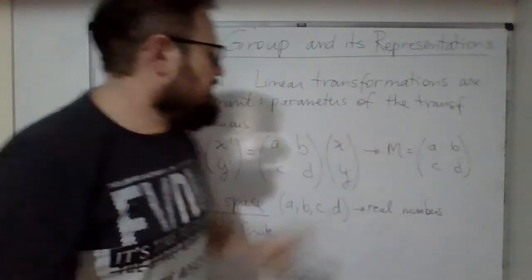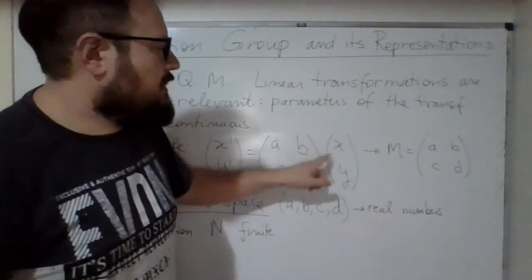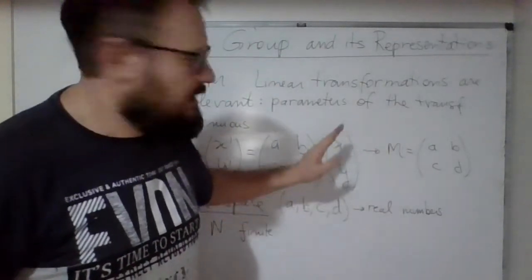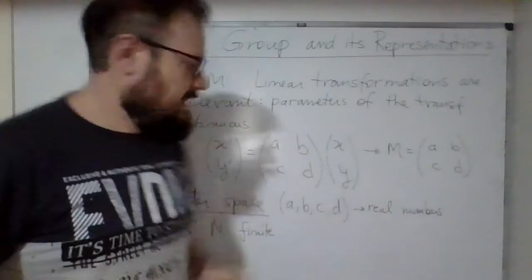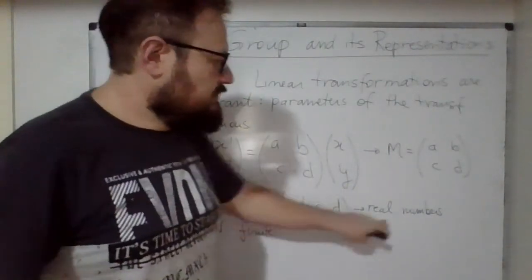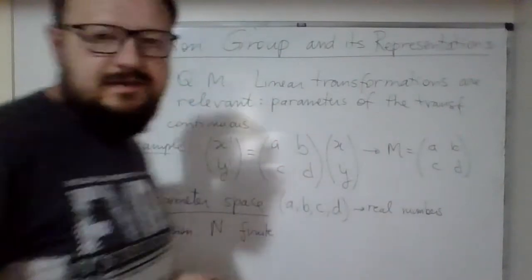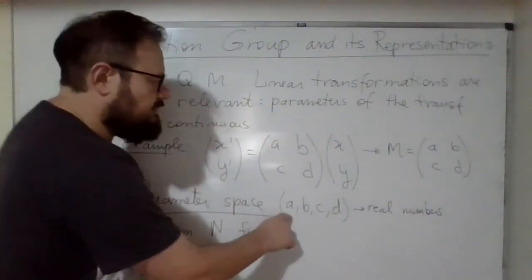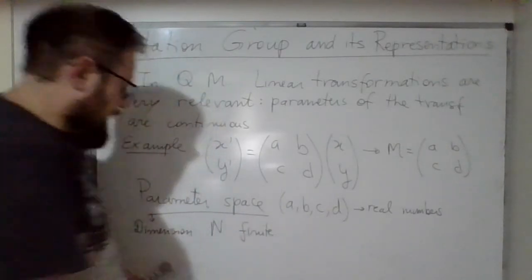A, b, c, and d do not depend on x and y. They are independent coefficients, and they assume values on the real numbers, so they are continuous variables.